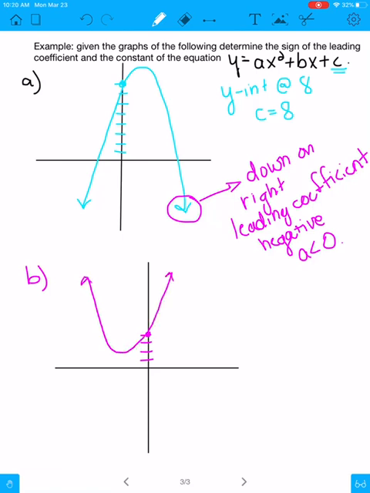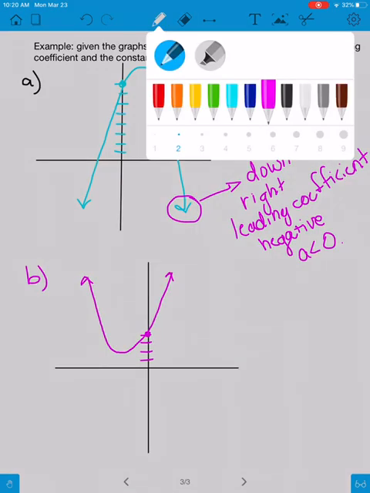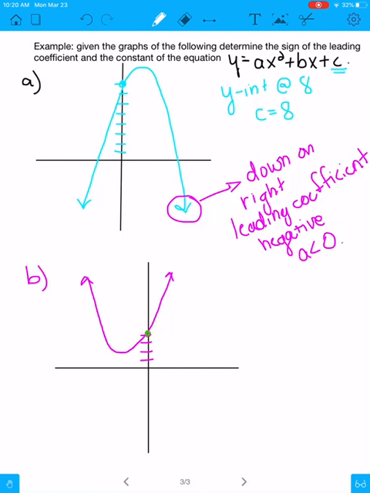Let's pretend that's symmetrical and through 4. Okay. So we have a y-intercept of 4. So c equals 4.